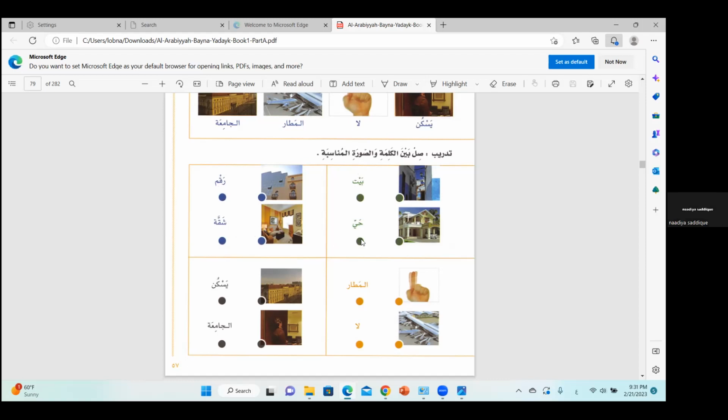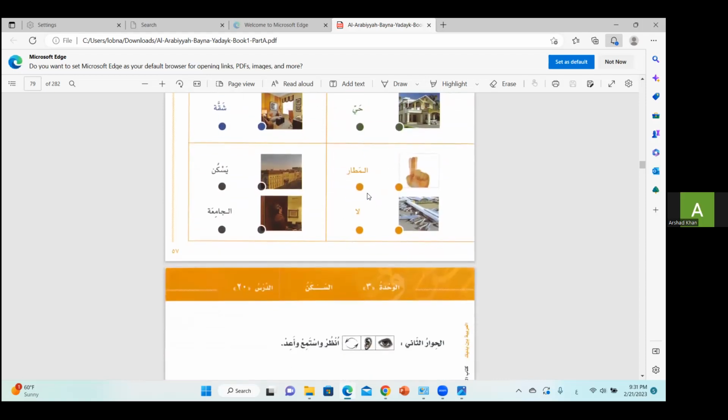Bottom. جيد. حي is this, it's pretty obvious. المطار, airport. جيد. لا, what is the meaning of لا? This one on top. جيد. الجامعة. يسكن, he lives, and it's right underneath.